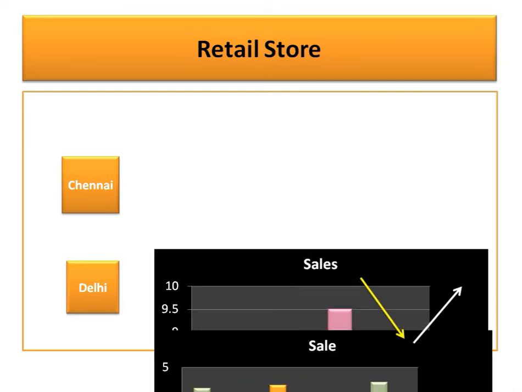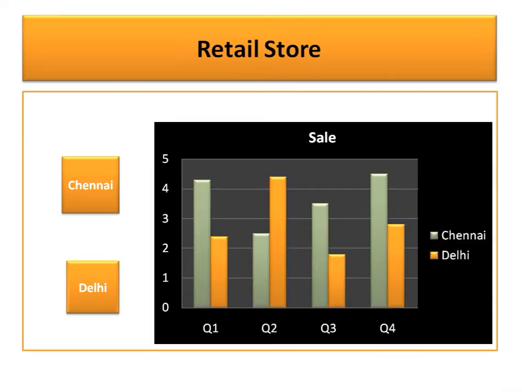The management wants to see, in a single report, Chennai's performance and Delhi's performance. This is an example we have taken. Here you can see, quarter-wise, you can compare both Chennai and Delhi.